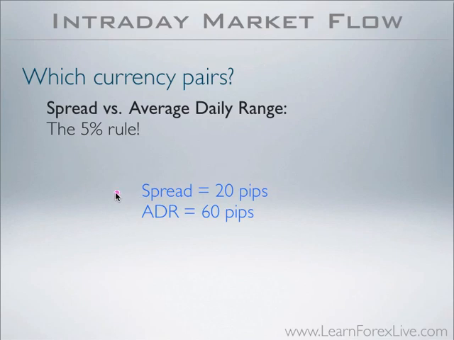Let's imagine there is a currency pair with a spread cost of 20 pips and an average daily range of 60 pips. That means the maximum potential profit we can get on any given day is 60 pips, and just to click on the buy or sell button, we need to pay 20 pips.